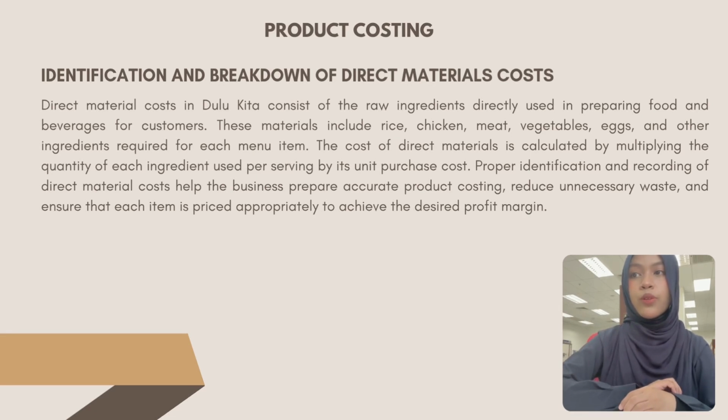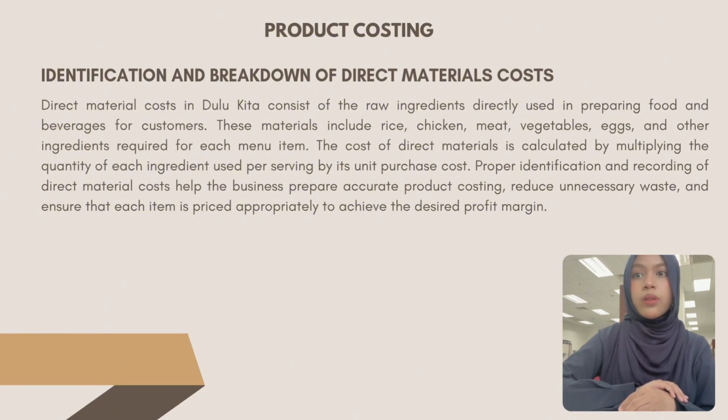Next, I will proceed with identification and breakdown of direct material costs. Direct material costs in Dulu Kita consists of the raw ingredients directly used in preparing food and beverage for customers. These materials include rice, chicken, meat, vegetables, eggs, and other ingredients required for each menu item.